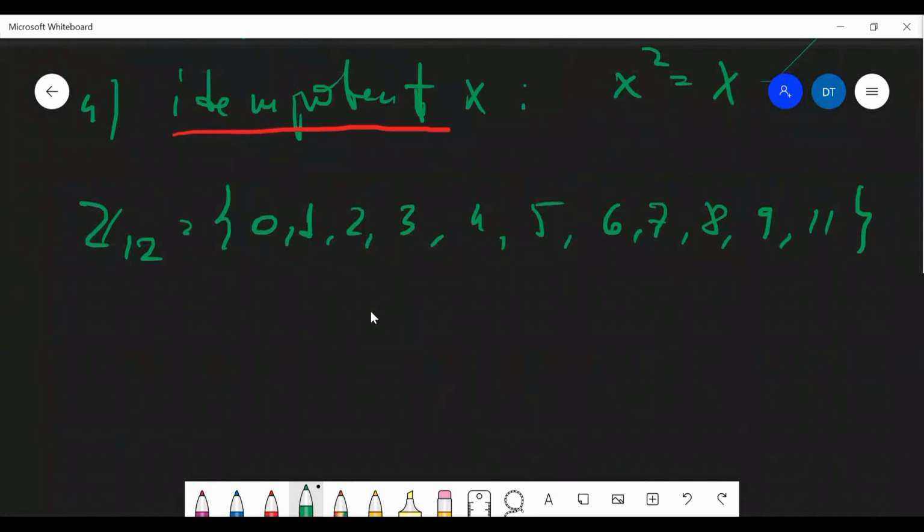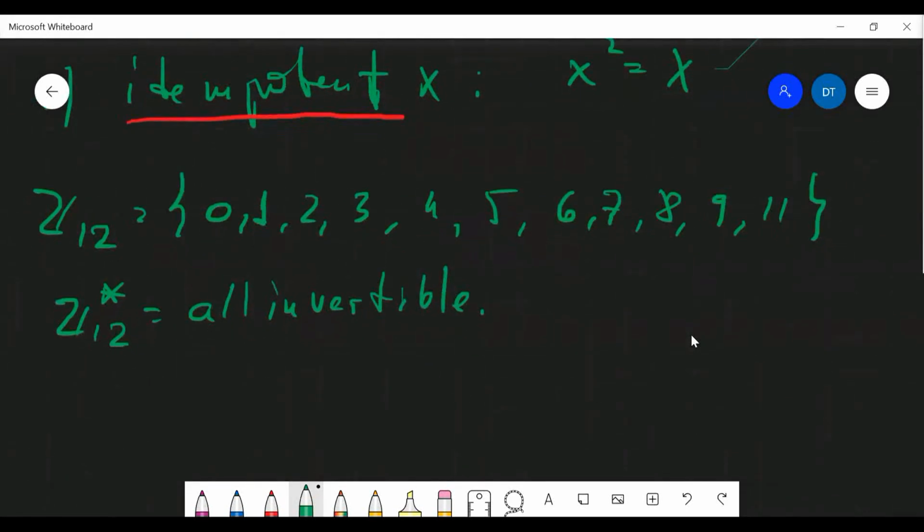So let's check what is inside Z12 star, the set of all invertible elements. Why don't we have 10? Oh, because I am not accurate. That's the reason, and it's really cool that you are.